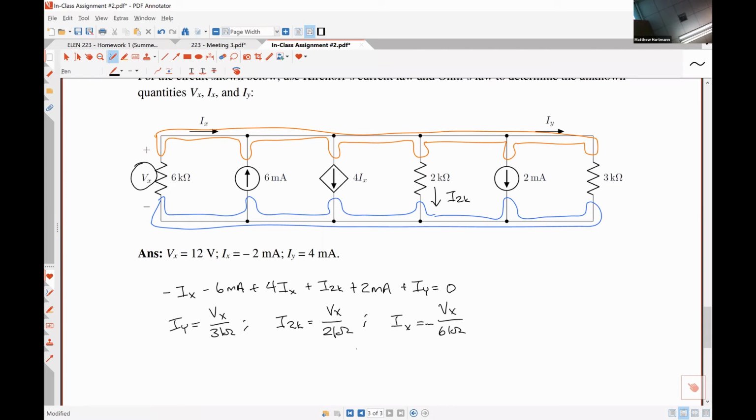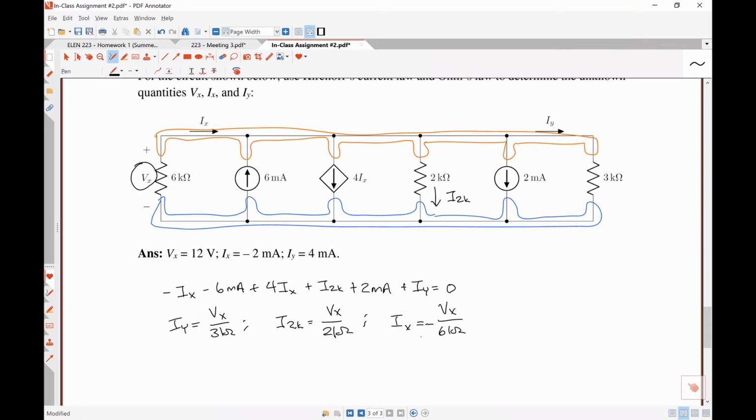Whenever the current's flowing into the negative polarity terminal, we need to reverse the direction of the current, so negative Ix will be equal to the voltage drop over the resistor divided by the resistor value. We have to add that extra negative sign because the current is flowing into the negative polarity terminal instead of the positive polarity terminal.